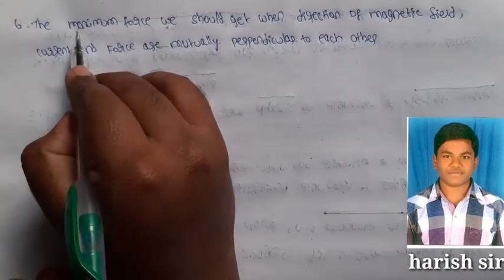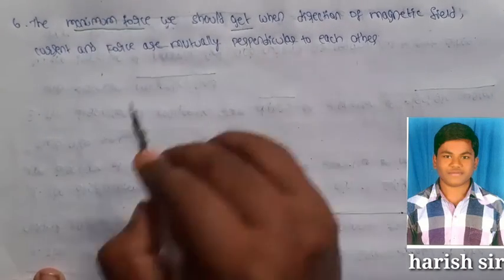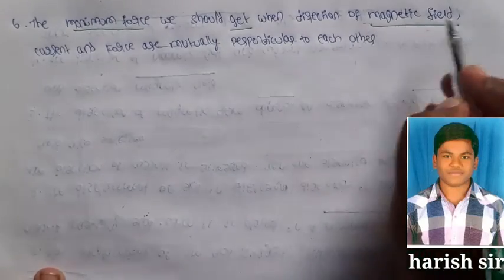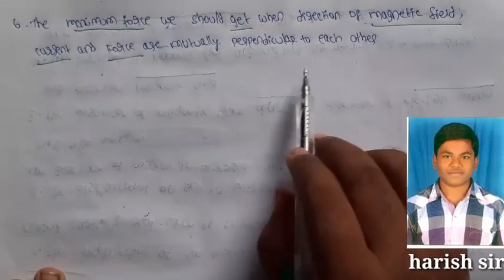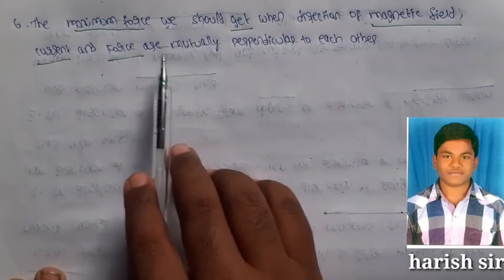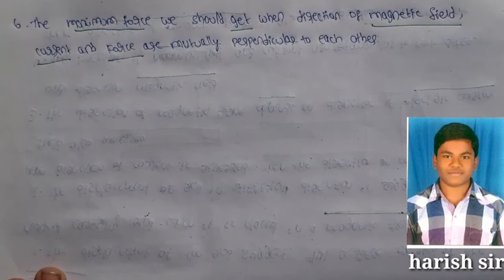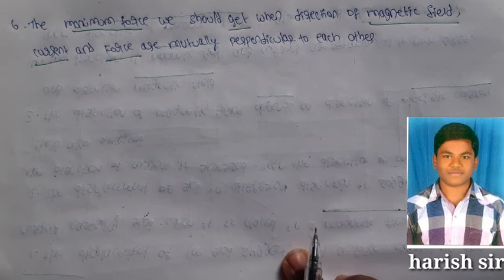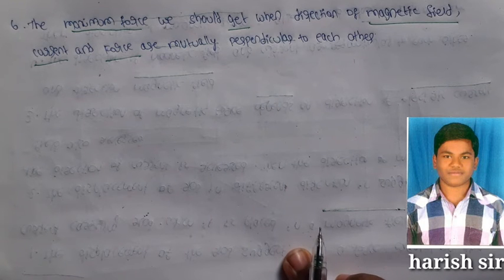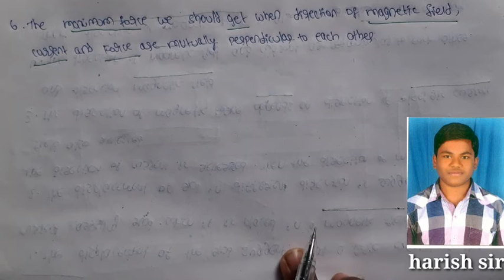In that case we get the maximum magnetic force. The condition is that the magnetic field, current and magnetic force are in mutually perpendicular directions. In that situation we get maximum force.